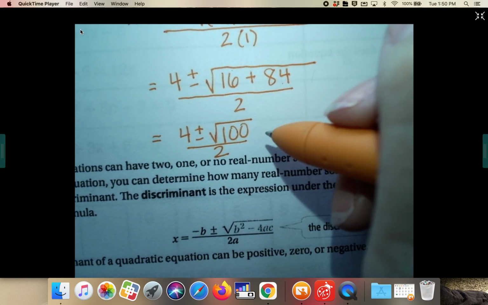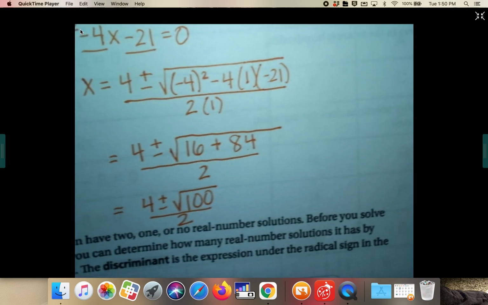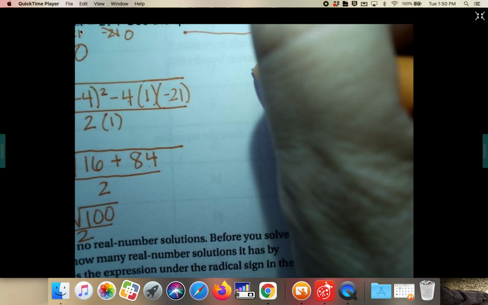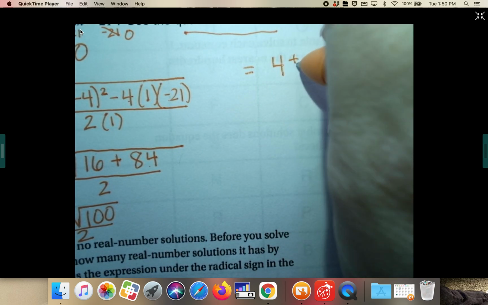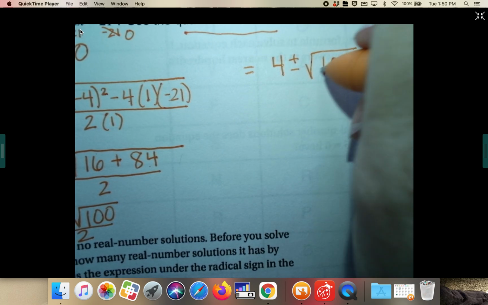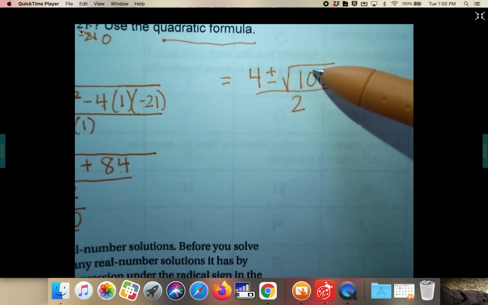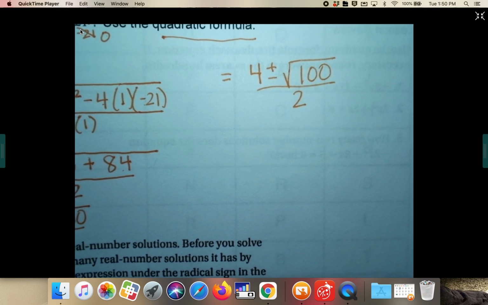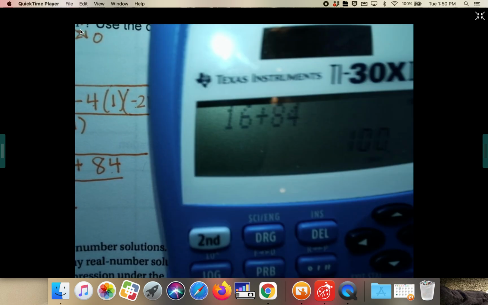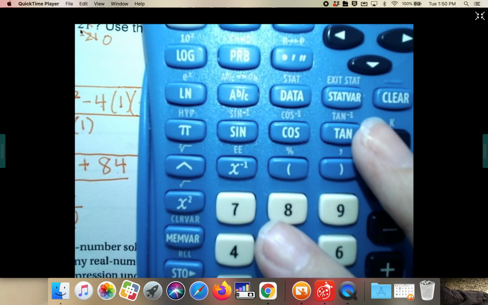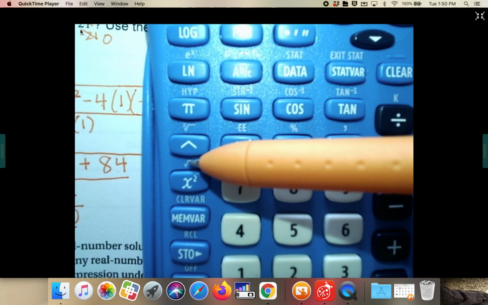Okay, let's keep going one step further. Actually, I've run out of room, so I'm going to go to the top of the next column. So what we have so far is 4 plus or minus the square root of 100 over 2. All right, the square root of 100, that actually comes out evenly. It's a number times itself that equals 100. If you have a calculator like mine, you're going to use the square root button, which is above the x squared.